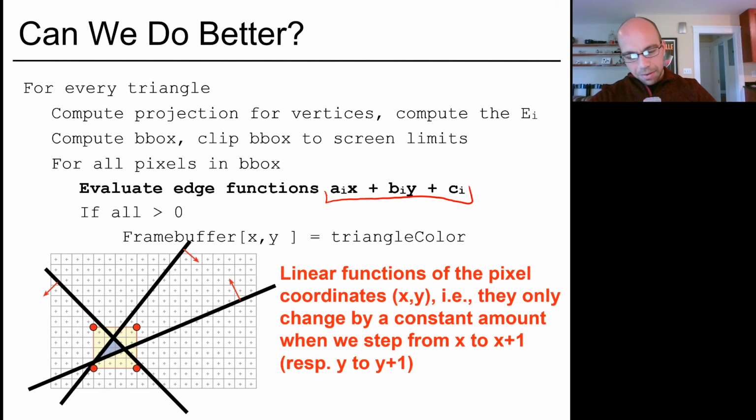One thing to notice is that there's a whole bunch of pixels that all have the same x value or y value, depending on how I stride through this box. And moreover, when I scoot one pixel across, essentially what I'm doing is just adding a factor of a_i or b_i.